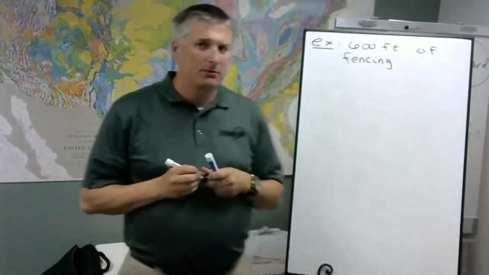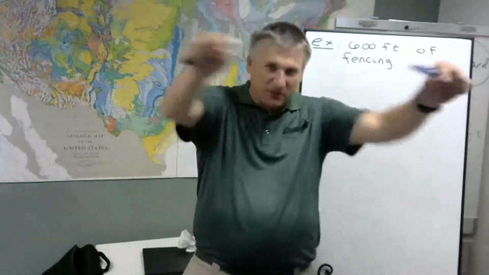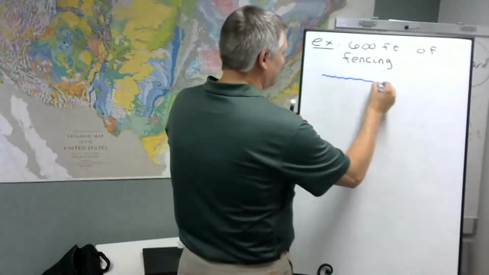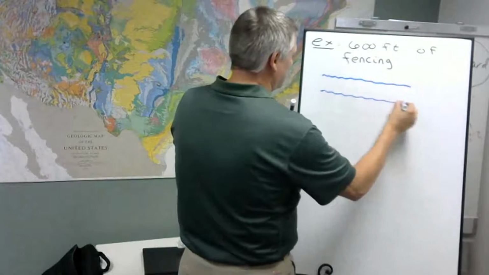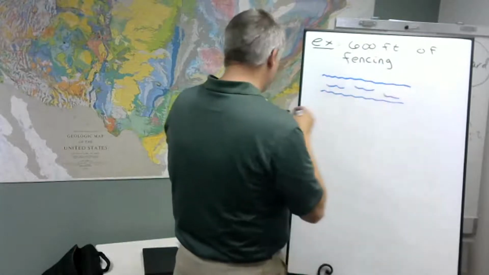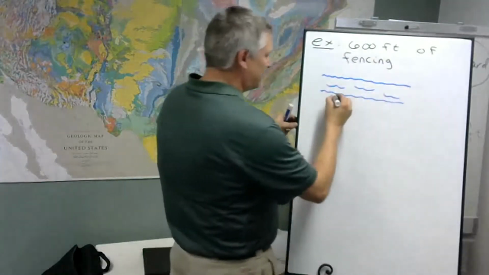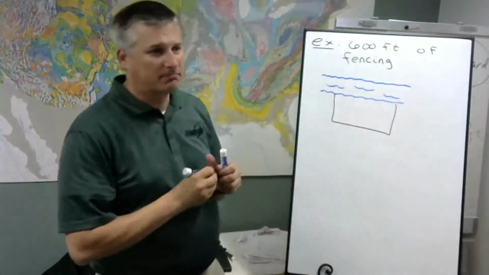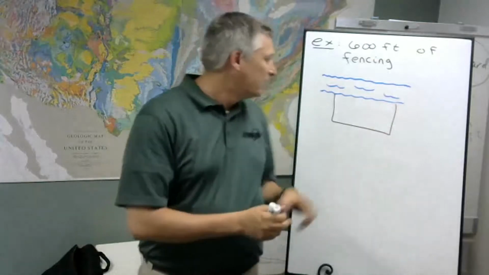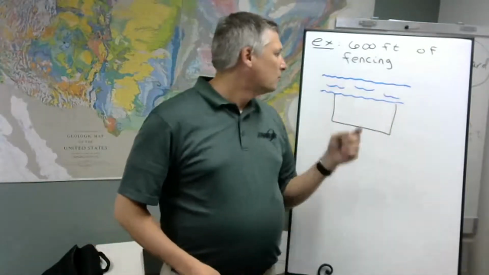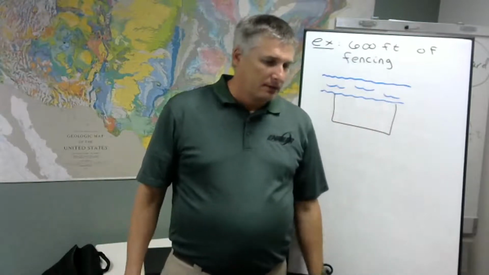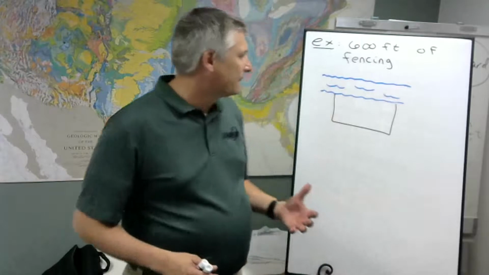And what we've decided to do is we're going to use this fencing to fence off a garden. Now, the way we're going to do this is we've got a river. And we're going to fence a rectangular garden, not a half circle, not a triangle, a rectangular garden where we use all 600 feet of that fencing.